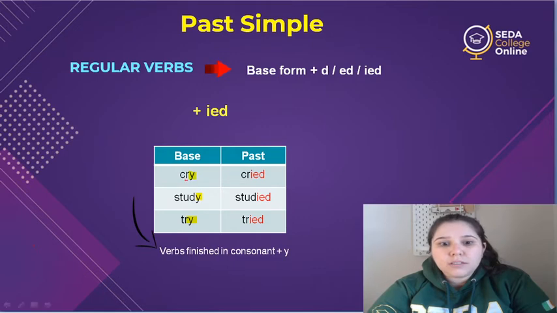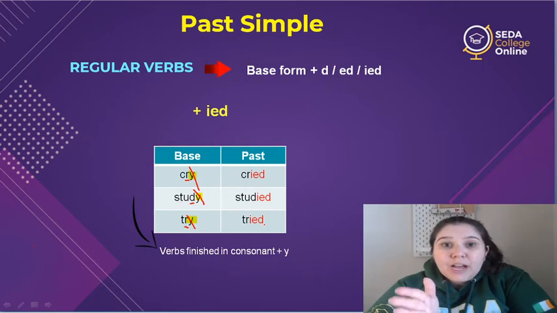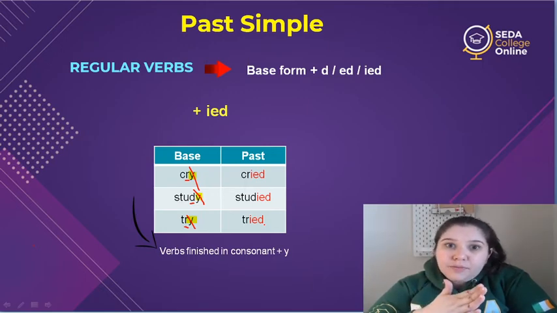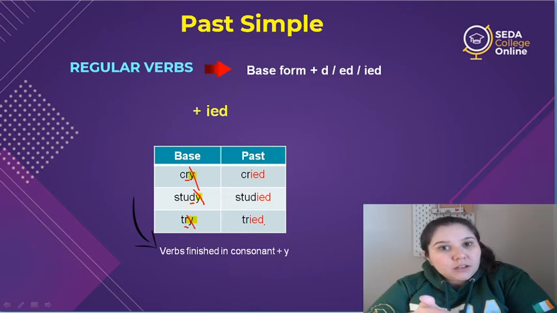So consonant R, consonant D, consonant R. So if it's a consonant plus Y, what we do? We cross out Y and then we add IED. So cried, studied, tried. So you have to pay attention. If it's a verb finished in Y, you have to pay attention if the letter before is a vowel or a consonant. If it's a vowel, we put ED. If it's a consonant, we put IED.